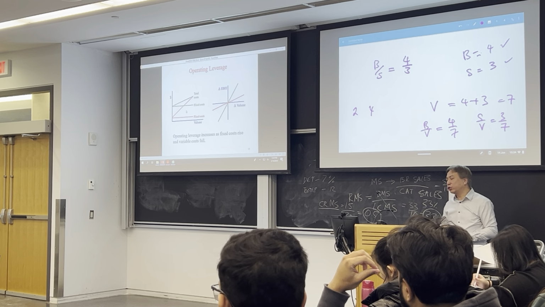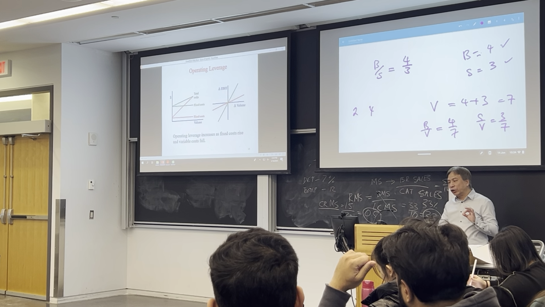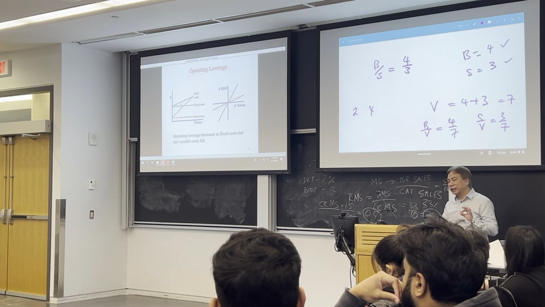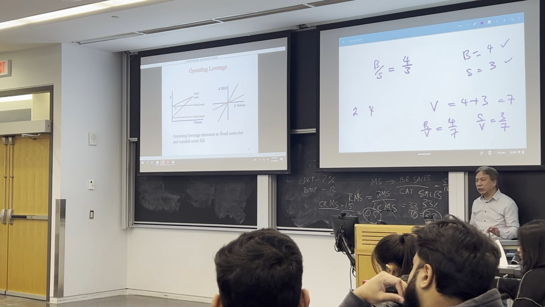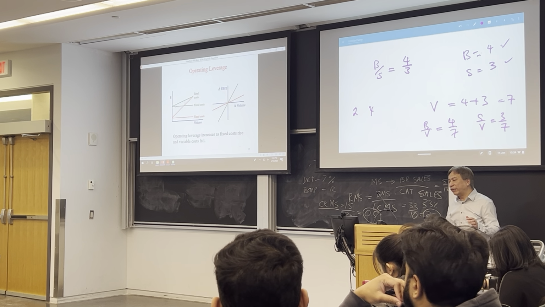Okay, so if you look at these 2 diagrams, the red one is the company that uses variable cost and only a small amount of fixed cost. And the green one is the company that uses automation, but they still need to hire someone to operate the machine, so they still have some variable costs.